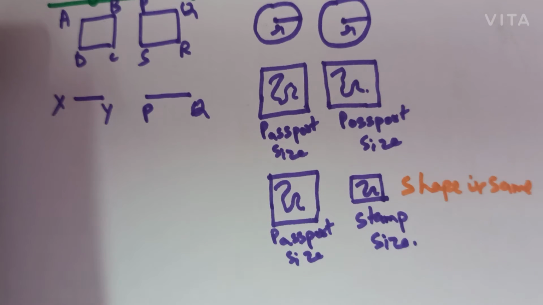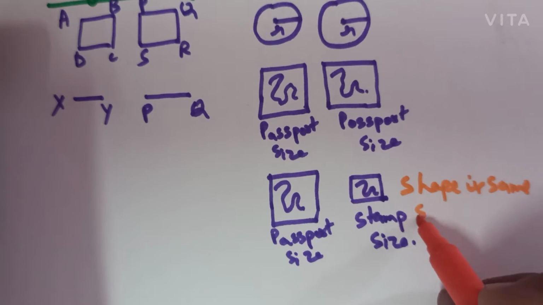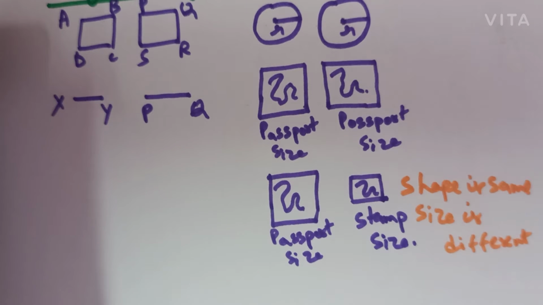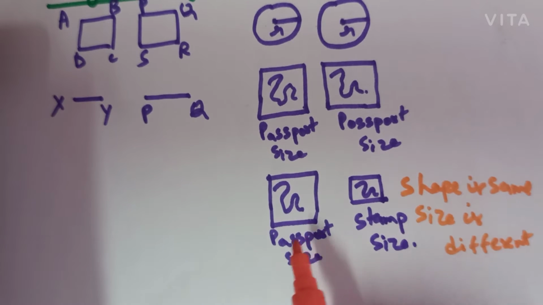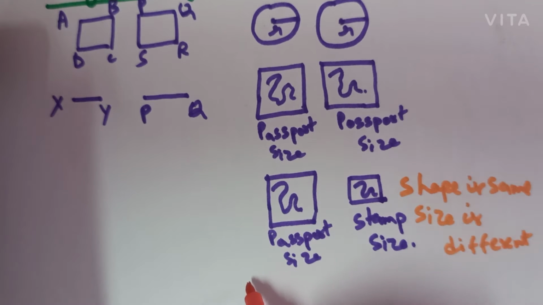But the size of the photographs is different. So these two photographs, which have the same shape but different sizes, are not congruent.